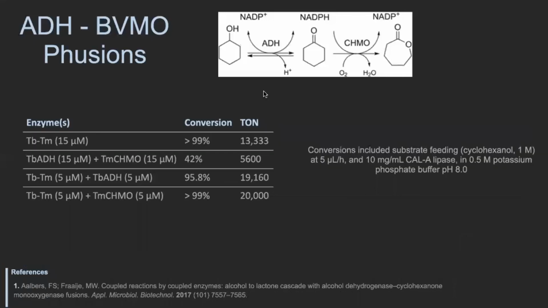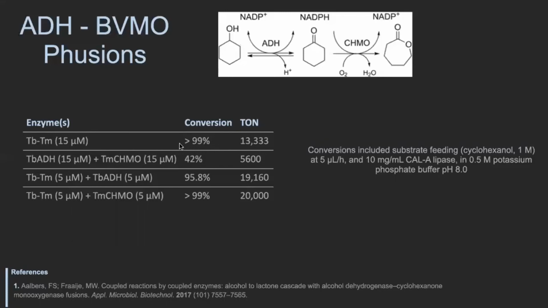Then, on this reaction, Albers and Freie tried to create fusions of the two enzymes, and they compared them with the addition of the ADH and the CHMO individually in the one-pot reaction. This is the best fusion variant that they obtained, compared with the two enzymes added individually, and the improvement is quite impressive.